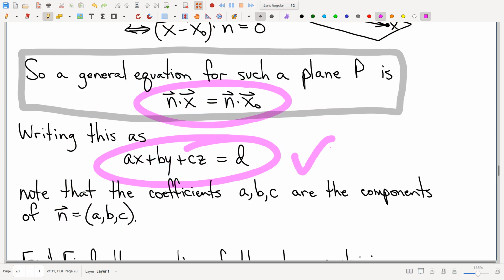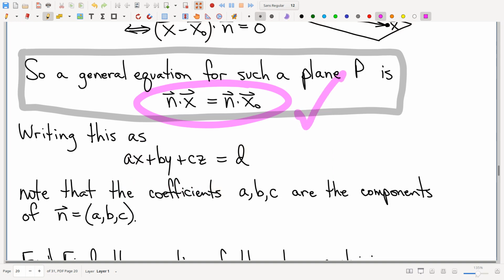Now, these two equations have, again, pros and cons. This one at the bottom, the ax plus by, all this business, is familiar looking. Right? Kind of reminds us of the equation of a line. It's just scalars. For function arithmetic, no fancy dot products involved, right? And that's arguably a good thing, but it's also arguably a bad thing. I kind of like this version better myself because, again, I can see important ideas.